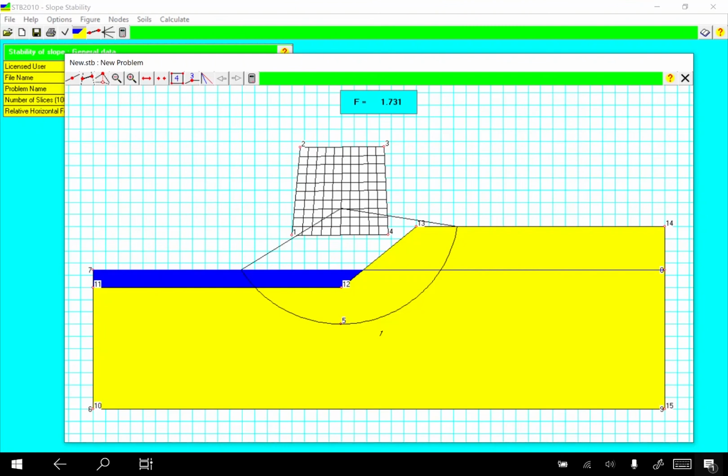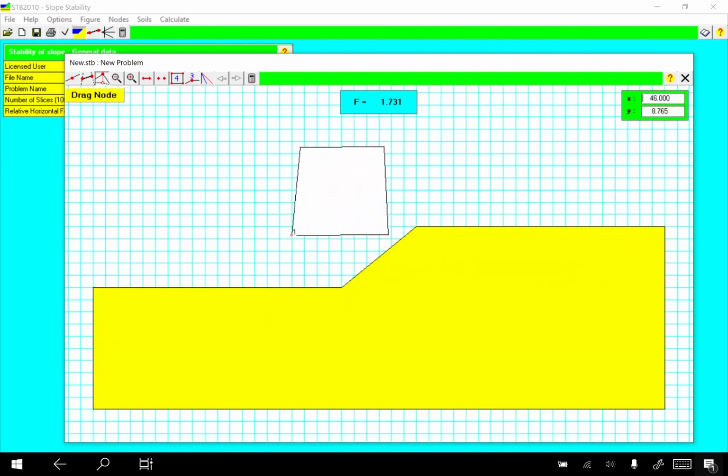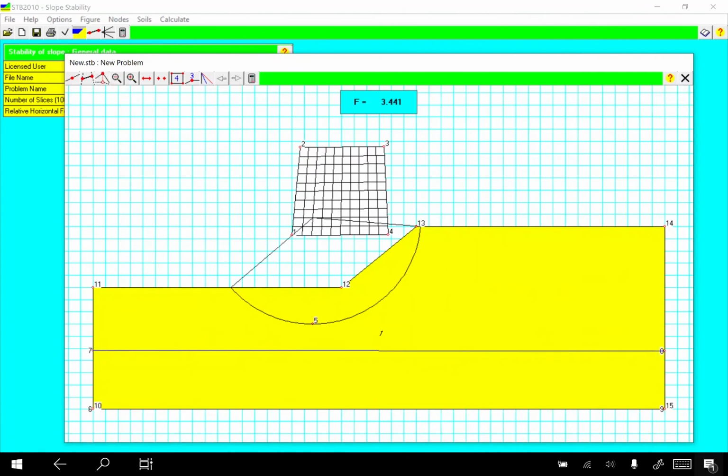And we can keep changing the water table. Let's move the water table way below the slip surface. And you will see that the safety factor increased again.